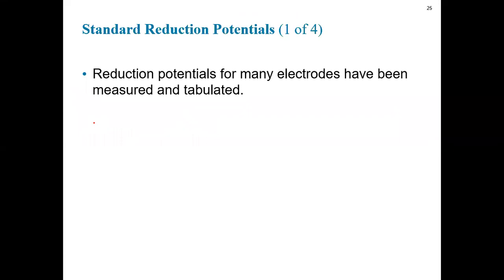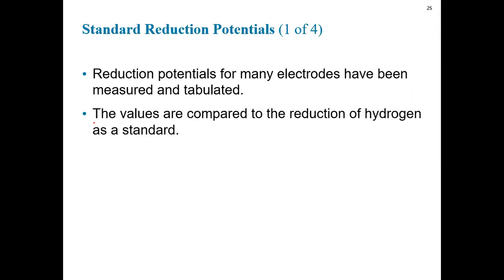All right. The reduction potential is the common way we use these days. Reduction potentials for many electrodes have been measured and tabulated. The values are compared to the reduction of hydrogen as a standard. What that means is we don't know absolutely how much reduction potential a metal has, for example zinc.